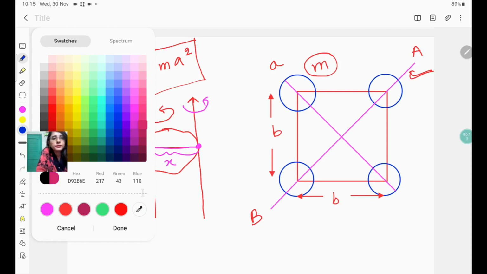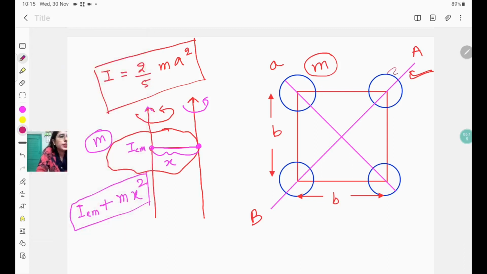First of all, if we give these spheres a name, suppose this sphere is x, this sphere is y, this sphere is z, and this sphere is p. Suppose we are giving them a name.